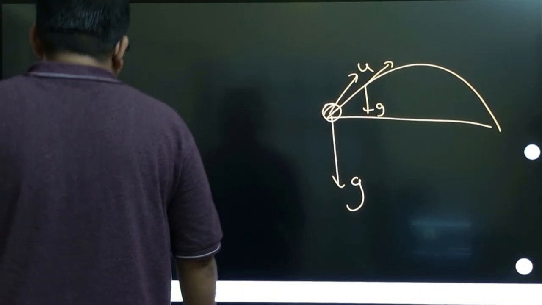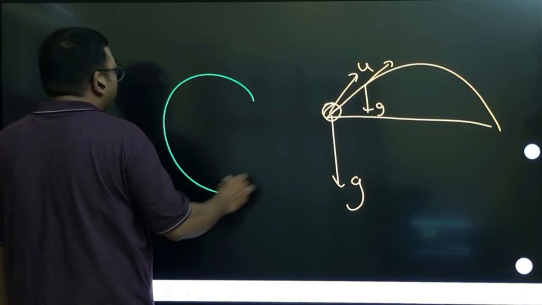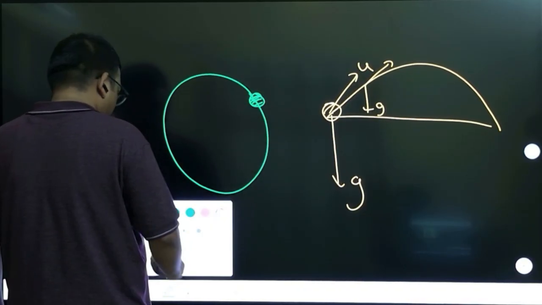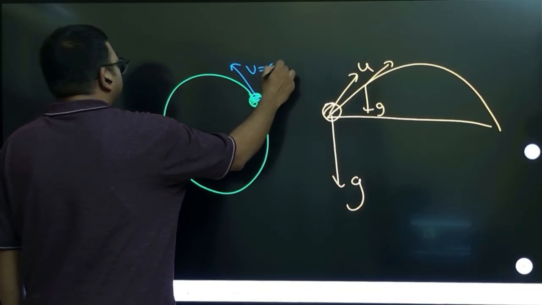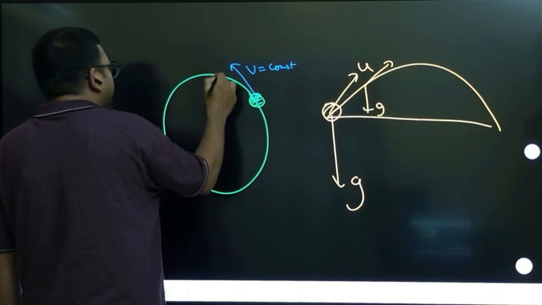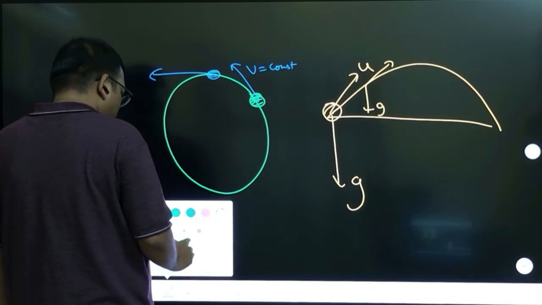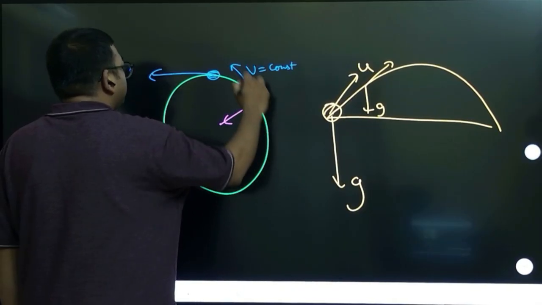Constant speed, like uniform circular motion. Let's take uniform circular motion. The body is going with constant speed. Speed is constant, but direction is changing, na? Direction is changing, so there is a force. When the force is always perpendicular to velocity, this you can say.